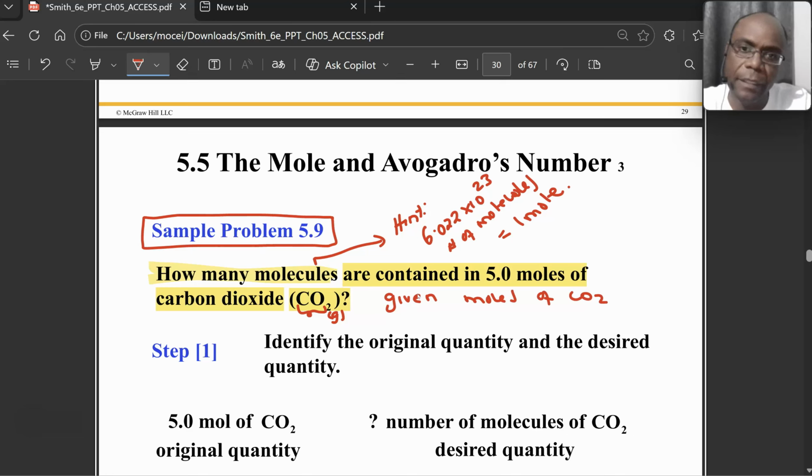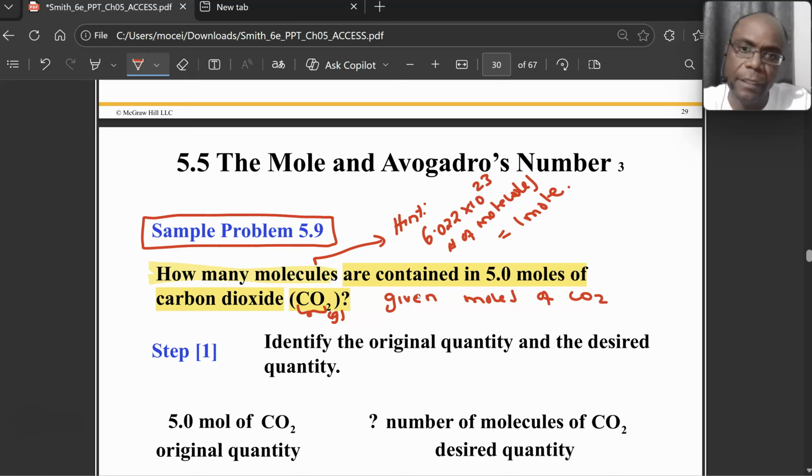I need number of molecules, which is why I said hint, Avogadro's number relationship. And we're going to use version 4 of the mole relationship to Avogadro's number, because we are dealing with molecules and we are asked to find how many molecules. So this is the conversion factor we'll need.